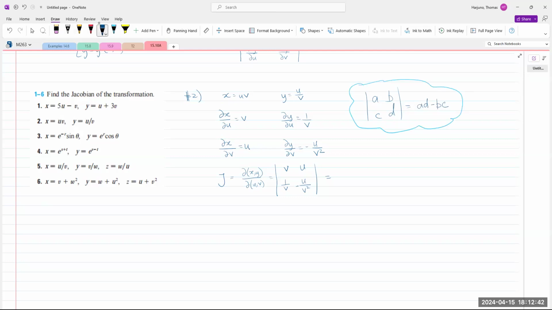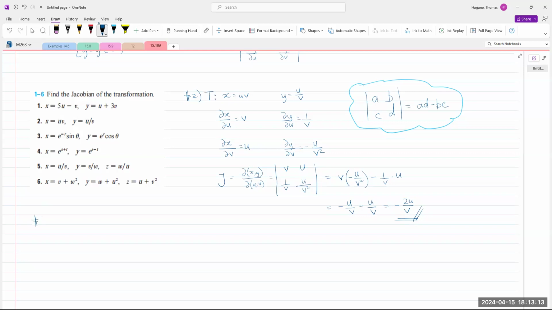So, going back to our question here, this will be phi times negative u over phi squared, minus 1 over phi times u, which is negative u over phi minus u over phi, that's negative 2u over phi. That's the Jacobian for that transformation. So this is the transformation T.